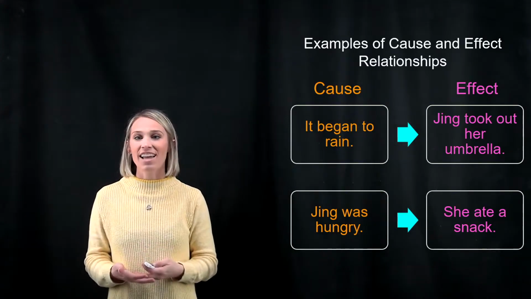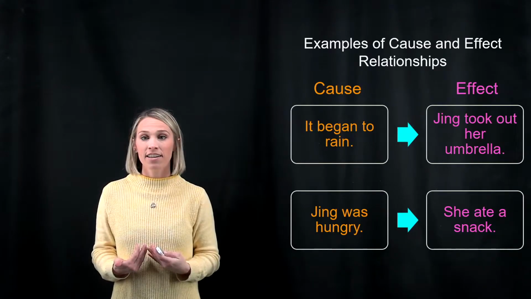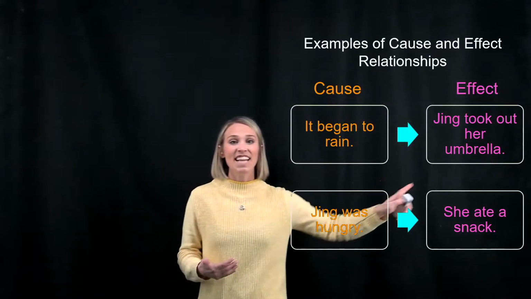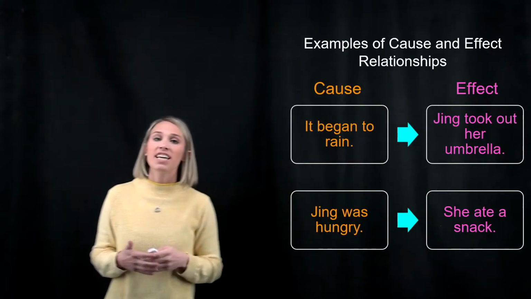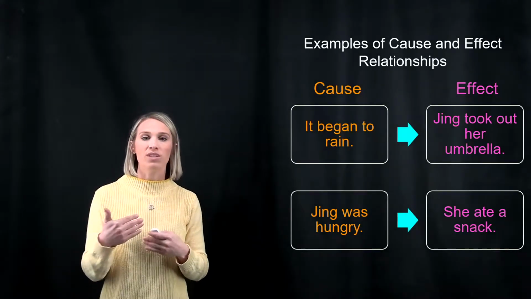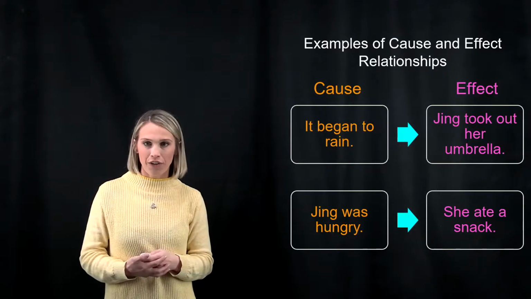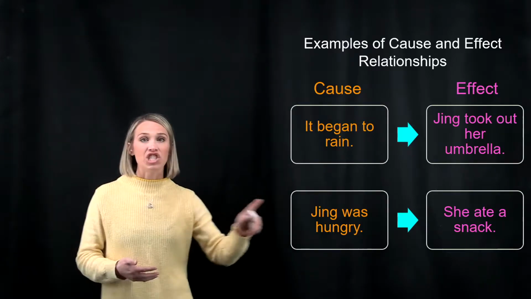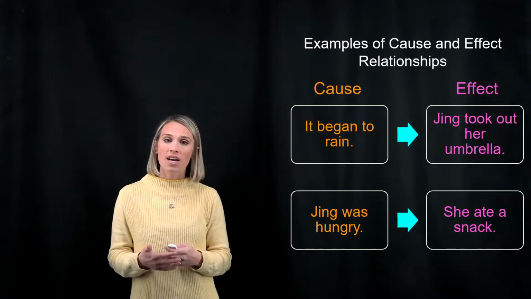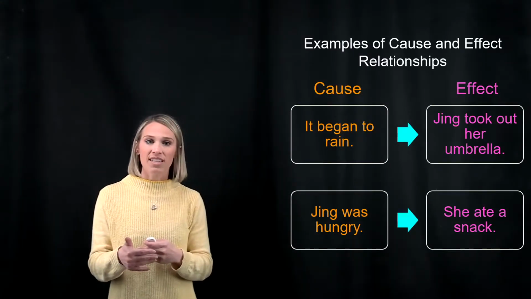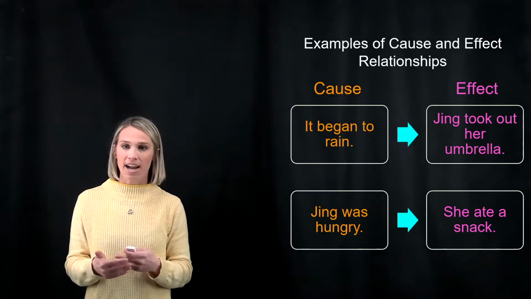I know that when I get hungry, I eat a snack. She ate a snack is the effect because it explains what happened as a result of Jean being hungry. And Jean was hungry is the cause because it explains why she ate a snack.